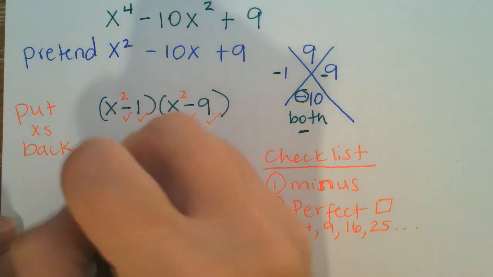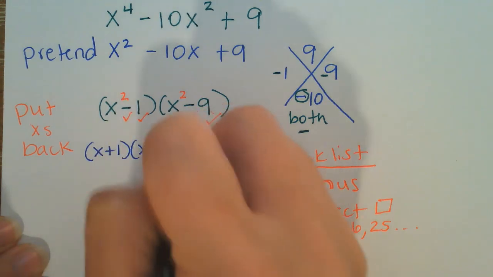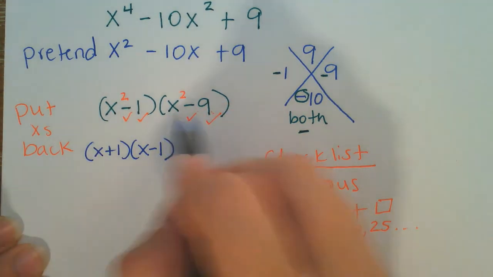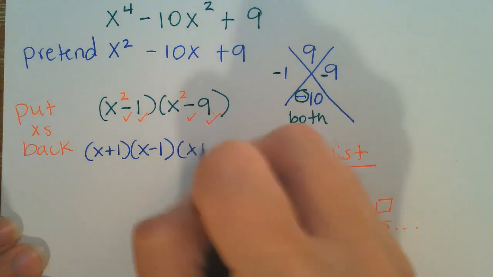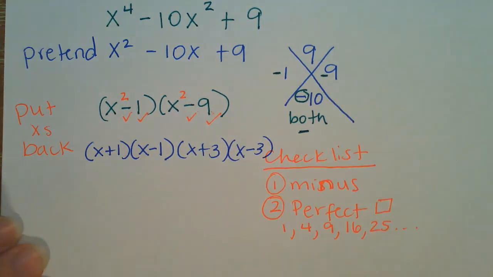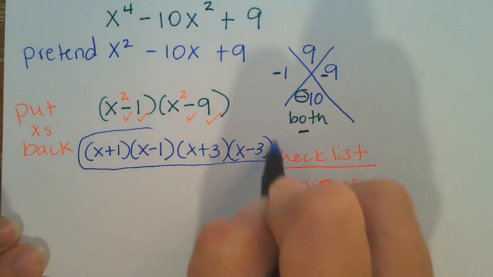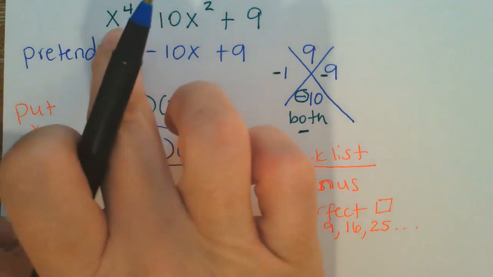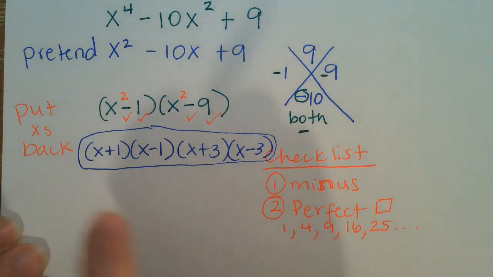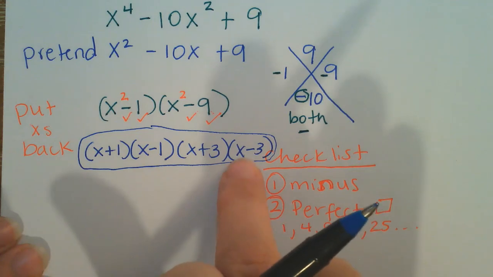So this will factor into x plus 1, x minus 1, and this will factor into x plus 3, x minus 3. So all of these pieces would have to be in my answer. And that kind of makes sense because if I had 4 x's to begin with, I see I have 1, 2, 3, 4 x's at the end in my answer.